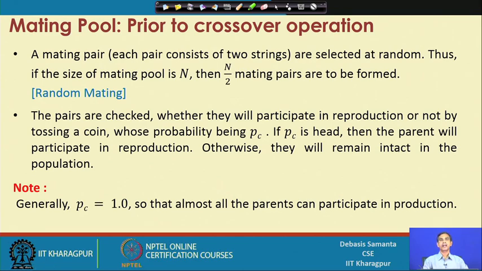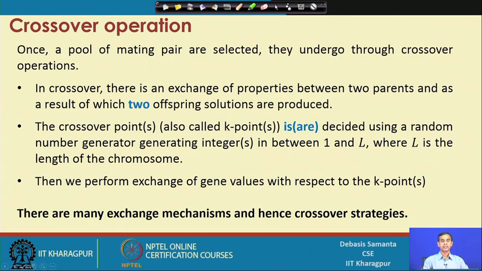This is called random mating. One mating pair means two parents, and from the two parents we produce offspring. Usually from a mating pair two offspring are produced.